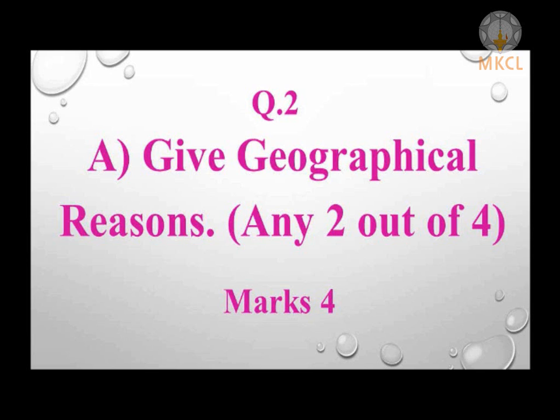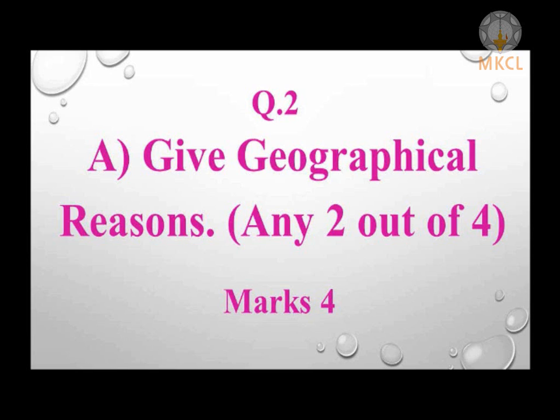Rabi crops like wheat, gram, barley, etc. While the kharif crops like rice, maize, bajra, jowar, cotton, jute, pulses, oilseeds, etc. And the last point, the irrigation facilities are widespread through canals and tube wells, enabling crops like sugarcane, wheat, etc. to be grown over there. That is why agriculture is the main occupation in the Ganga plain.